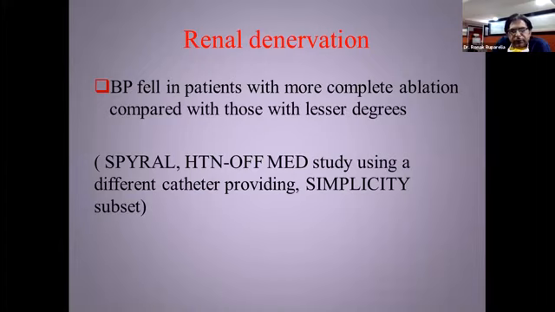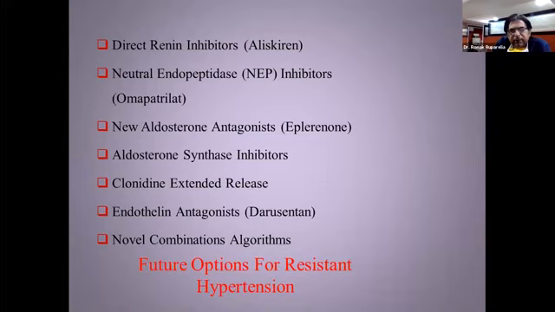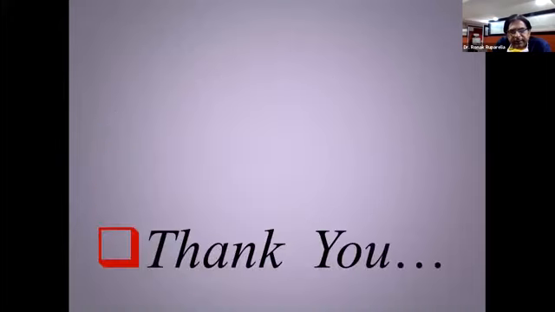Also, the SPYRAL HTN-OFF MED study using a different catheter has provided better results. Carotid baroreceptor activation therapy also helps in reduction of blood pressure, and there are newer drugs coming up like aprocitentan, NEP inhibitors, eplerenone, and aldosterone synthase inhibitors. So all these can be tried.